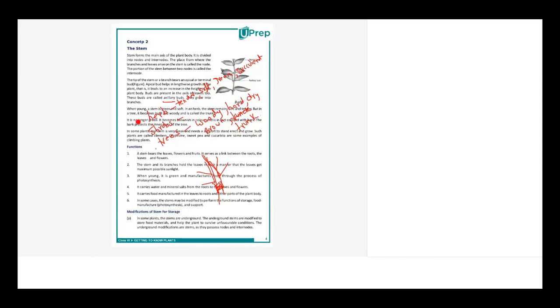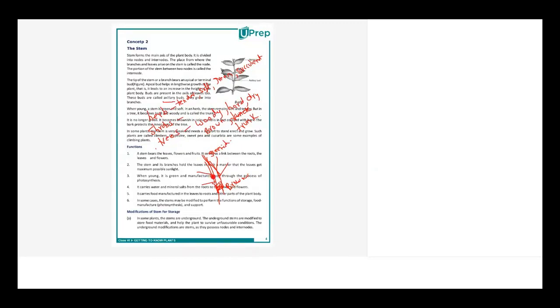In a herb, it is just the opposite. It is very tender, very soft. If you see dhania patta, it is a little succulent. It is green in color. And in case of shrubs, it will be somewhere in between herbs and trees. The mature portion will be a little brownish in color, and the young portion will be a little greenish in color.